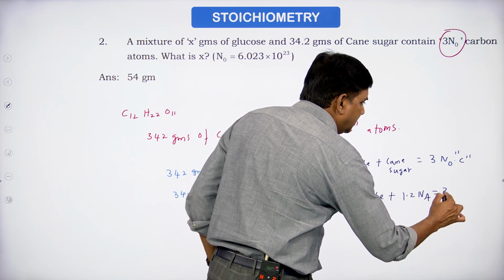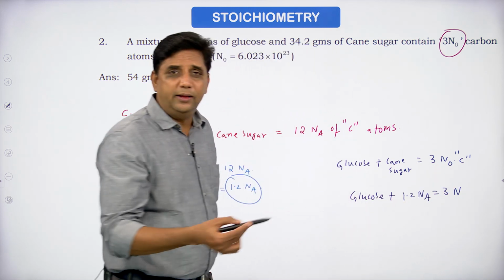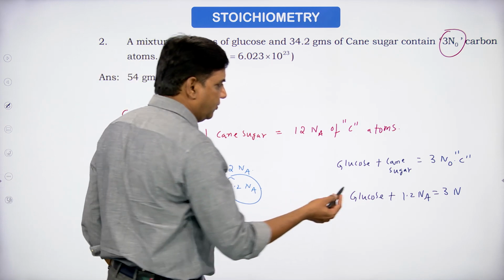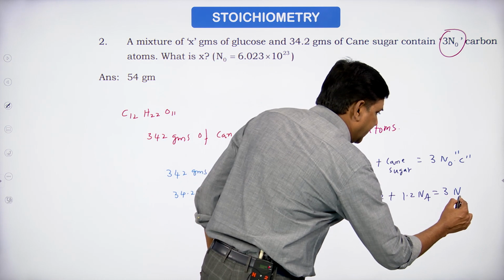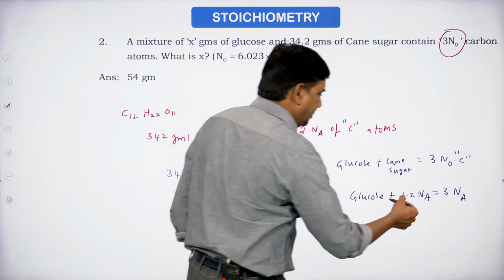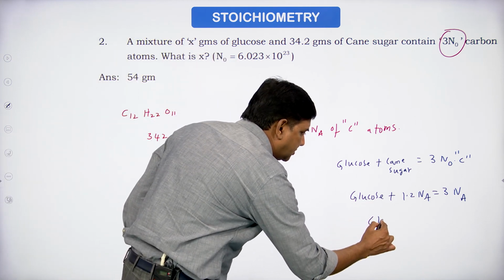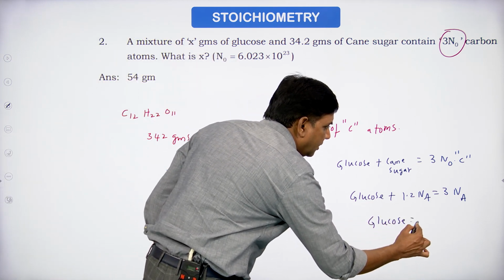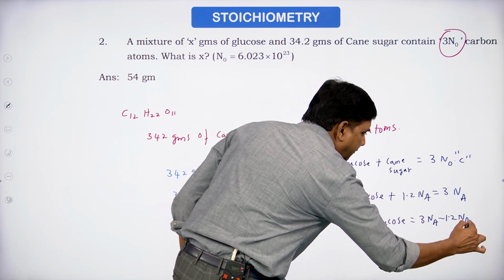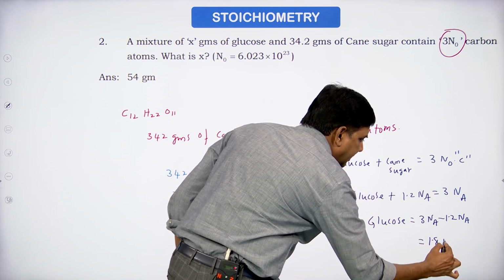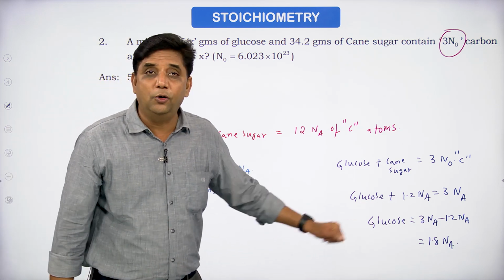Here Na indicates Avogadro number. Both together contain 3 Na of carbon atoms. Therefore, glucose contains how much, students? 3 Na minus 1.2 Na, which is equal to 1.8 Na. These many moles of carbon atoms are present in the glucose.